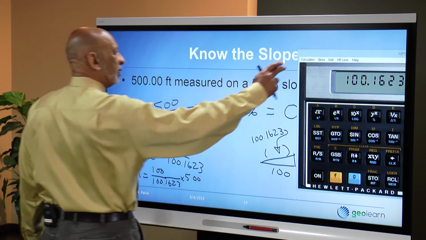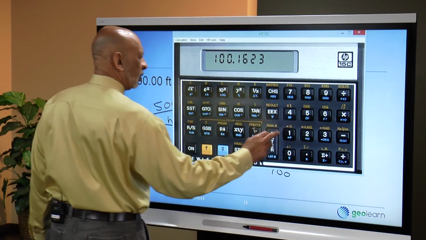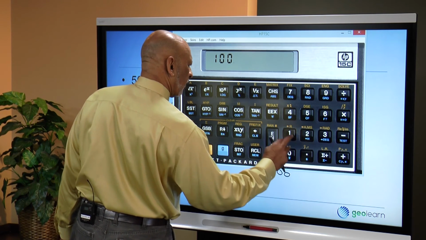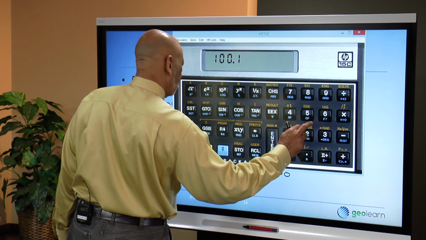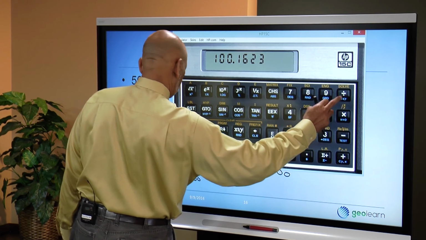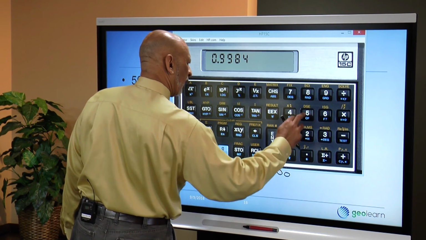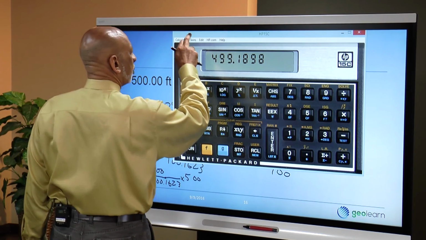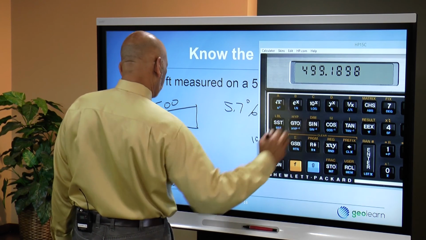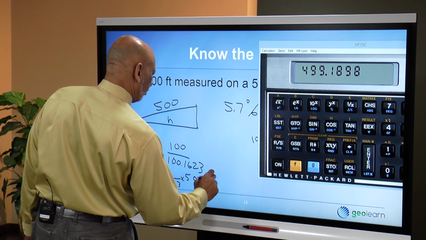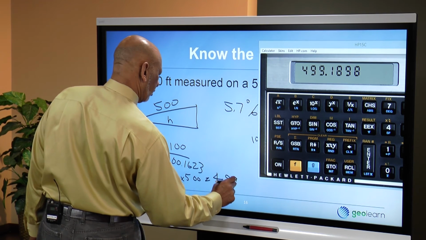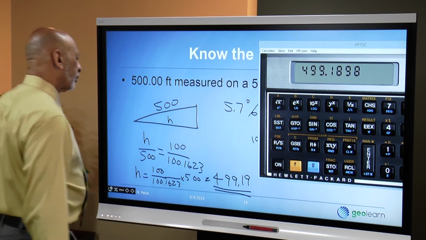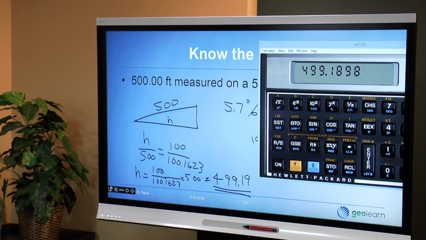And if we do that math, 100 divided by 100.1623, and then multiply that by 500, you get 499 point, I'm going to call it 0.19. So that's one way to do it.